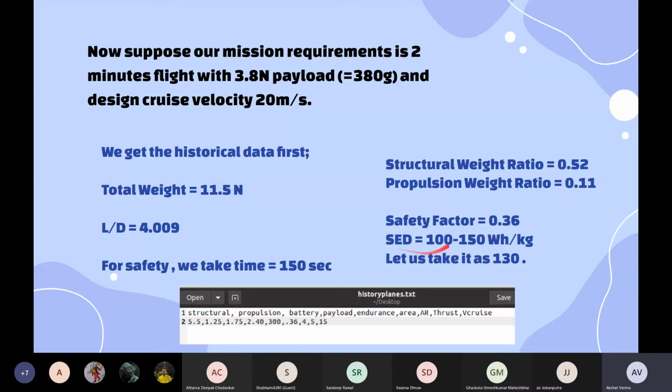That just depends on the type of battery which we are using. So let's take it as 130 for designing our plane, for the first iteration. This is the whole data which we require for designing our airplane. So let's see how we go about actually iterating the weight.